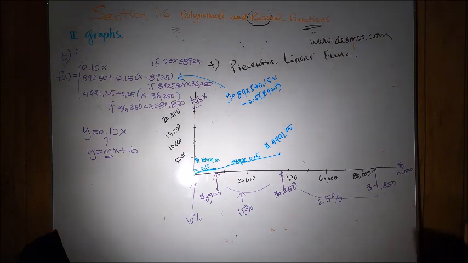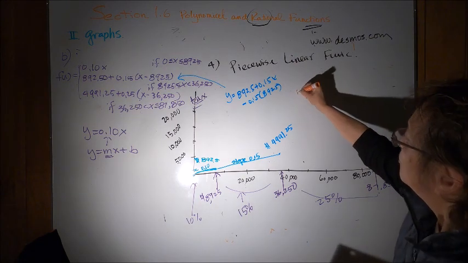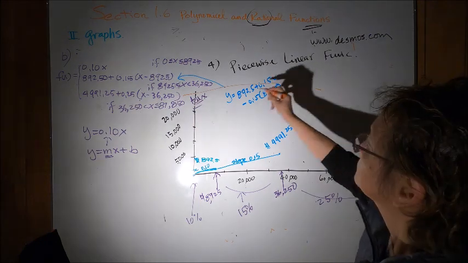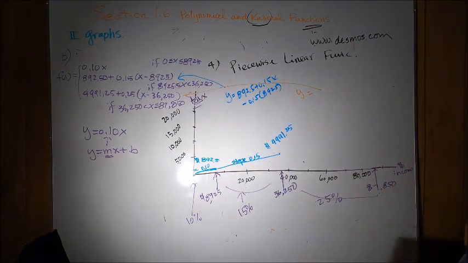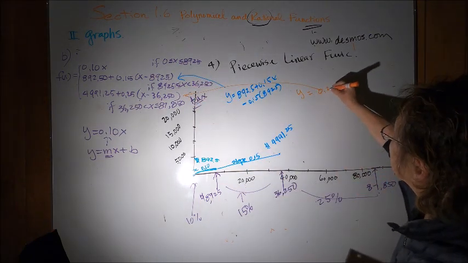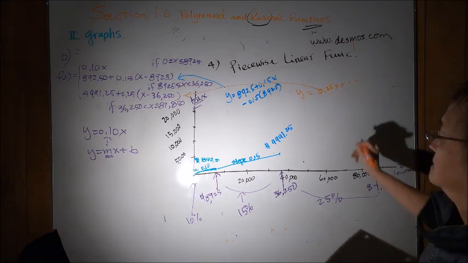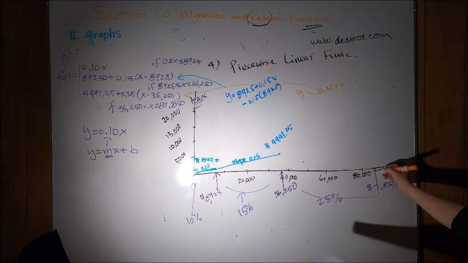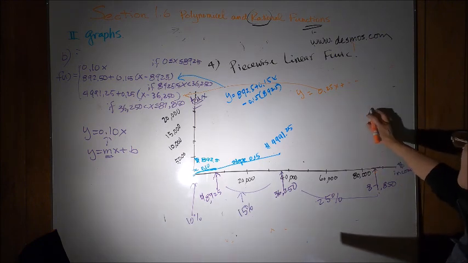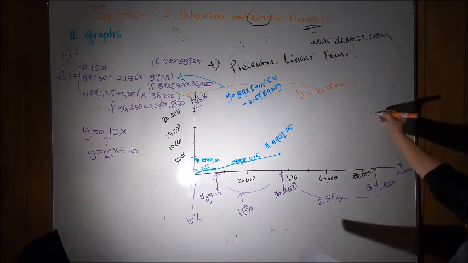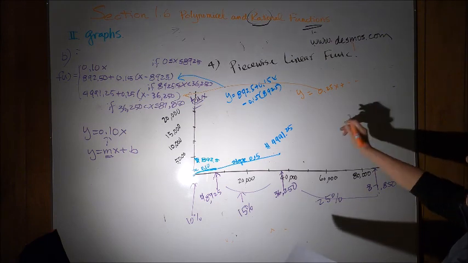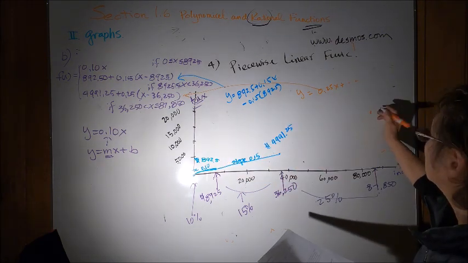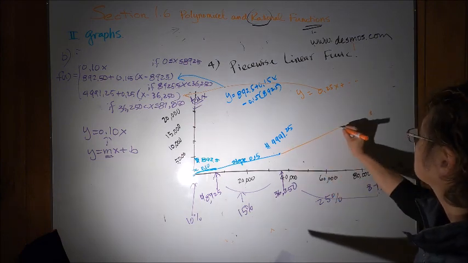And after this, what's the equation? Y equals the last one here, right? So your slope is what? 0.25x plus something, all the way to here. So your slope will be much higher like this.